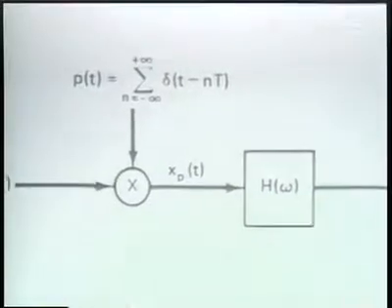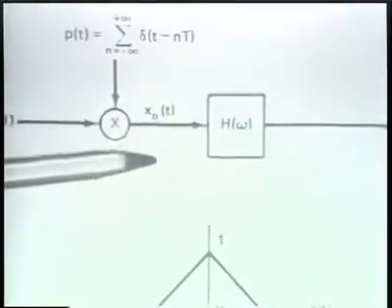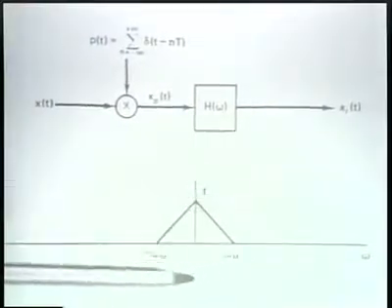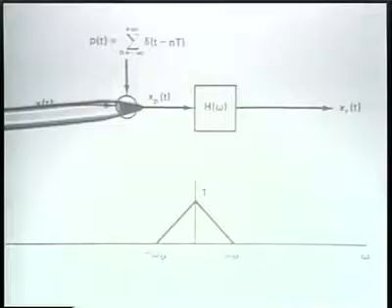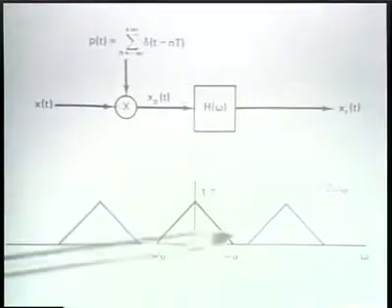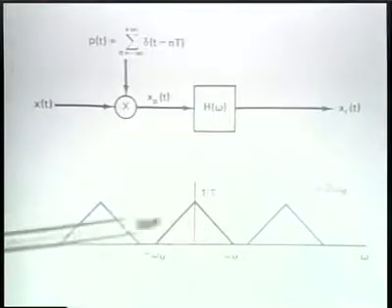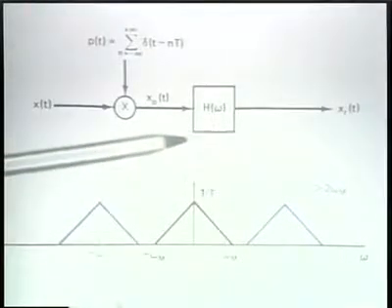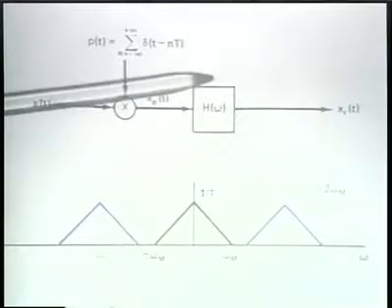If the spectrum of the original signal is what I indicate in this diagram, then after sampling with an impulse train, that spectrum is replicated, and this replicated spectrum is then processed through a low-pass filter.